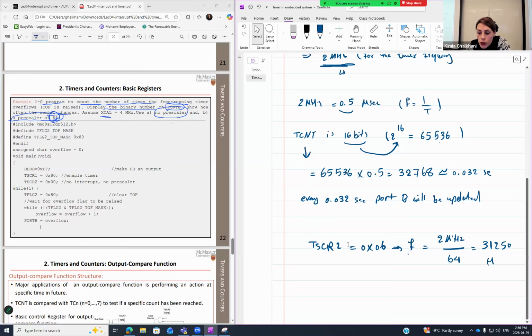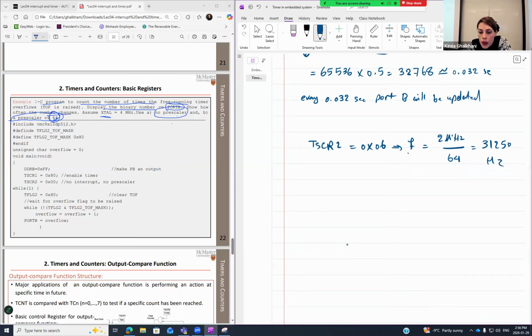Now I can convert it. In time, it becomes the same number, 65,536, and this time I say times the period, which is 1 over my frequency of 31,250 hertz. It becomes almost 2 seconds, a little bit more.